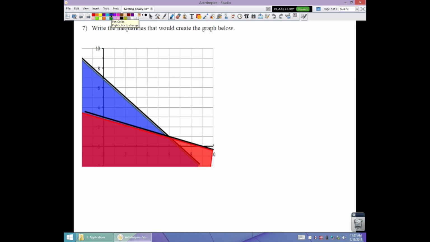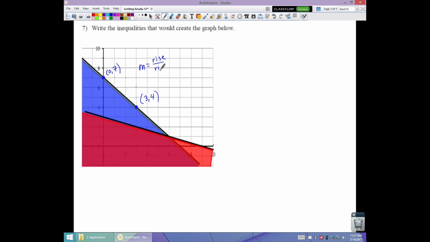In order to write the inequality, I first have to pick 2 points off of that graph. So I can see here 0, 7 is a point, and I can see this point is 3, 4. It doesn't matter which 2 points you choose, just 2 points. Okay? To identify the slope of that line, I would do rise 1, 2, 3, run 1, 2, 3 to the left.